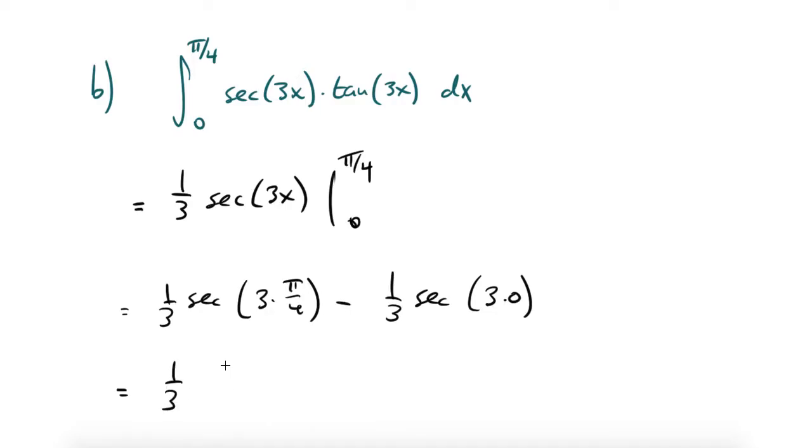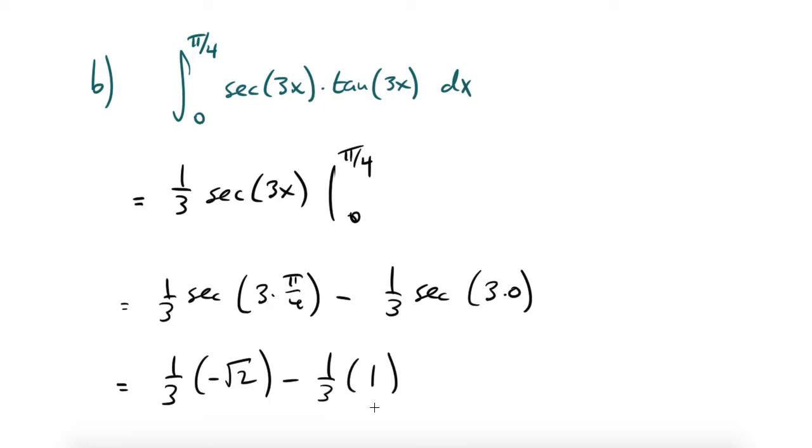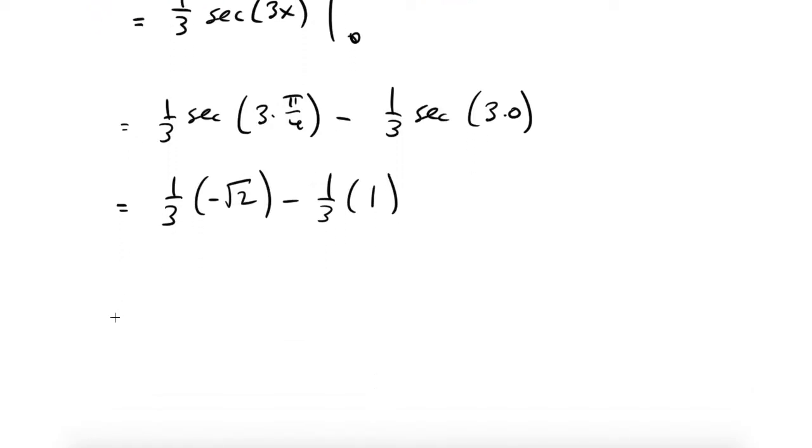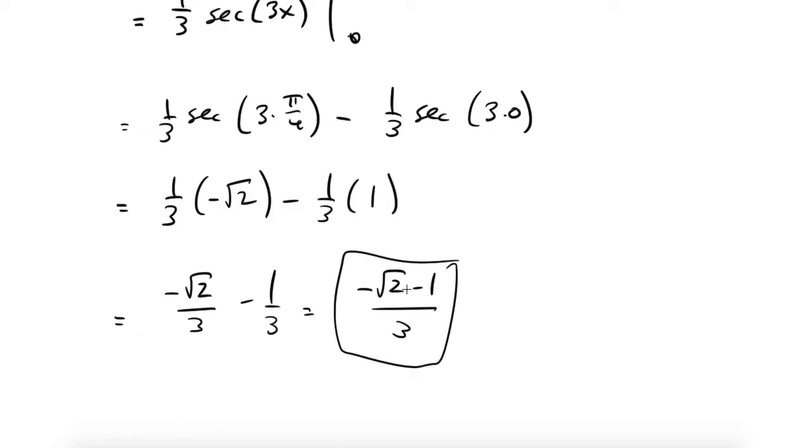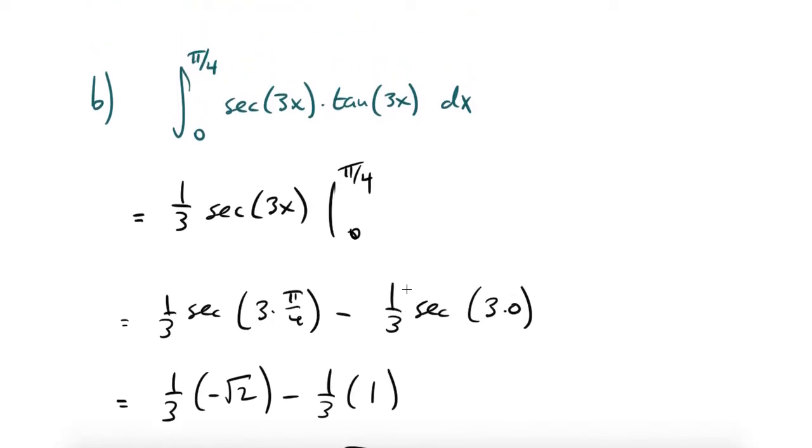So then this is 1/3 secant of 3 pi/4. Secant of 3 pi/4 is negative square root 2, minus 1/3 secant of 0. Secant of 0 is 1, because cosine of 0 is also 1, right? So then this is going to be negative root 2 over 3 minus 1 over 3, or negative root 2 minus 1, all over 3. So this is the value of the definite integral.